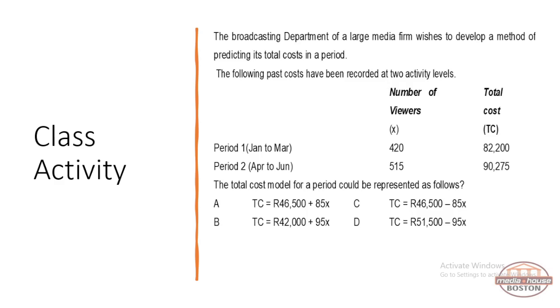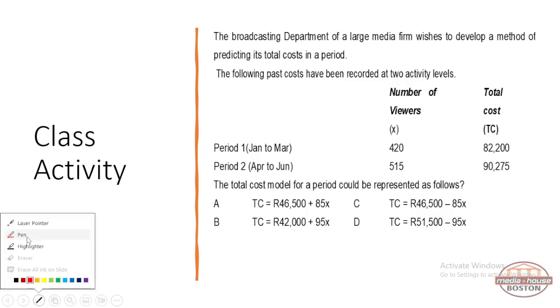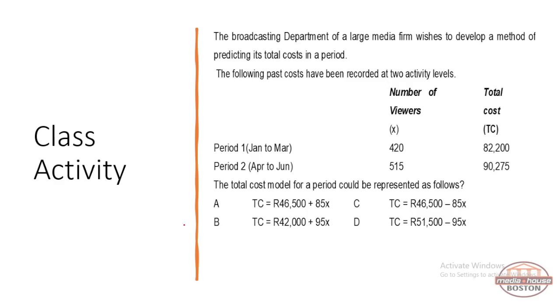Okay, let me assist you. So what's actually happening now from this scenario? The first thing that we should have picked up is that the formula or the costing model does not have any negative on it. So these two are already out of the equation. We cannot use them because they are saying minus.